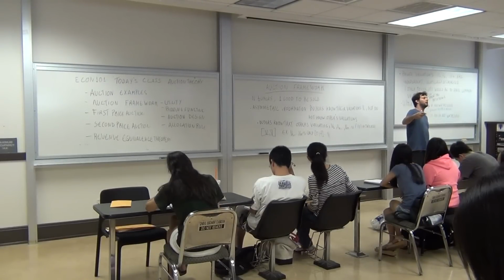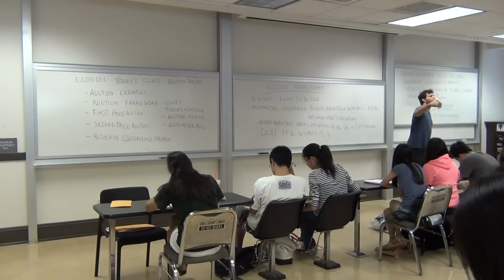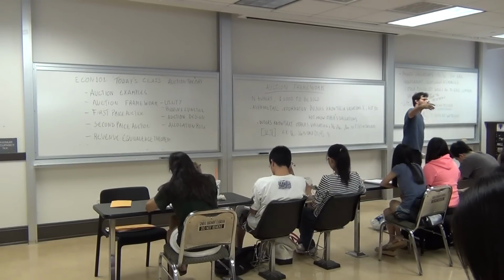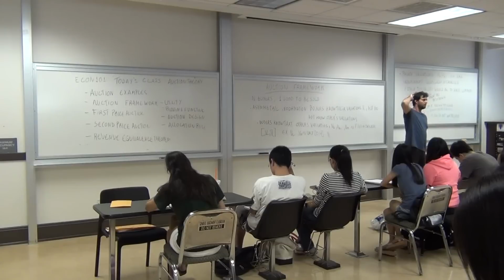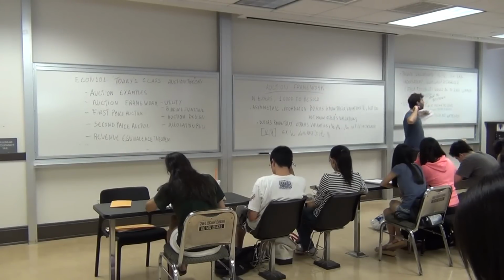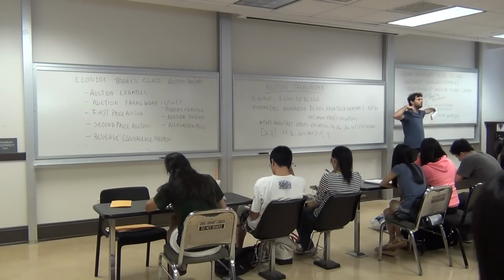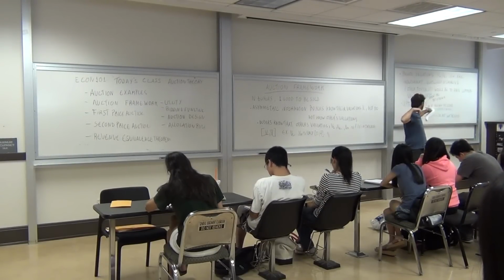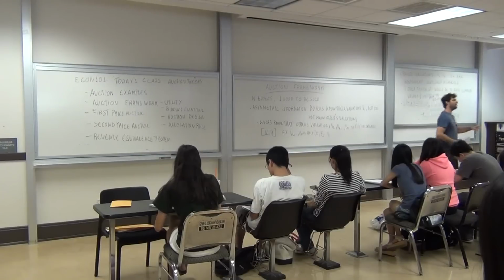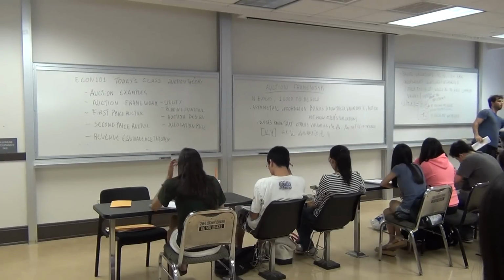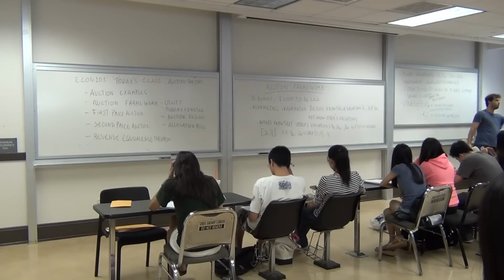We are looking for the utility for entering the auction, right? If you enter this auction and if you win, your change in utility is going to be minus T. Let's say you valued the good at $5, you won it, and you only paid 2, it means the utility for getting this auction is 3.